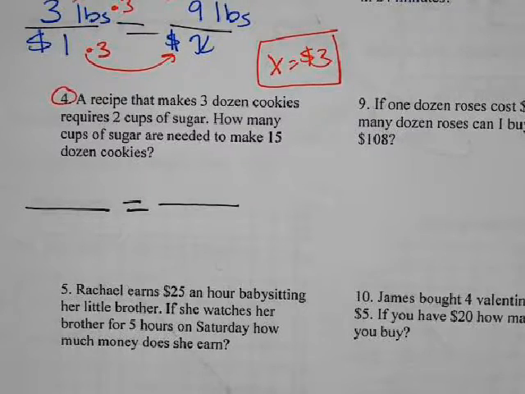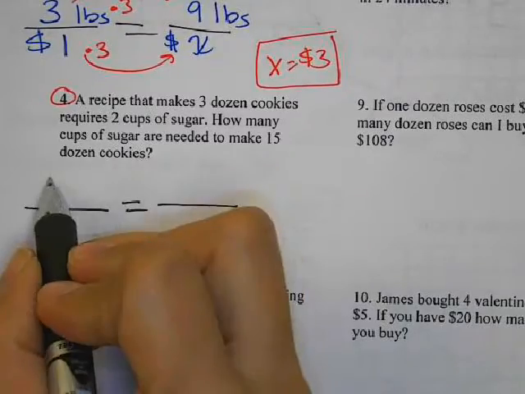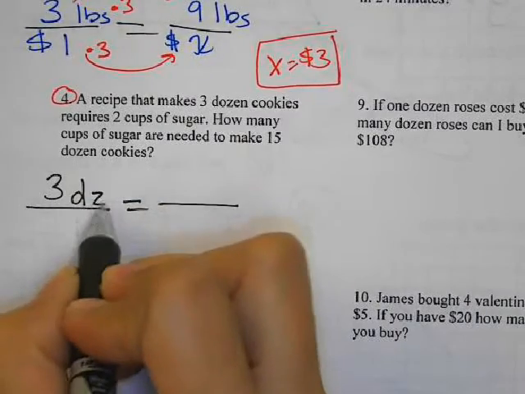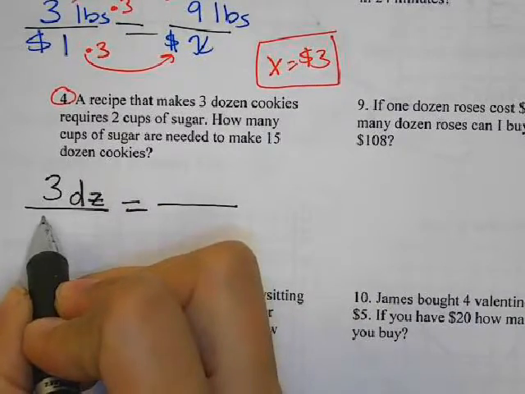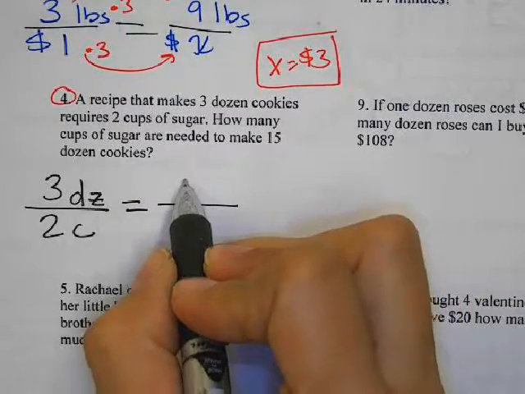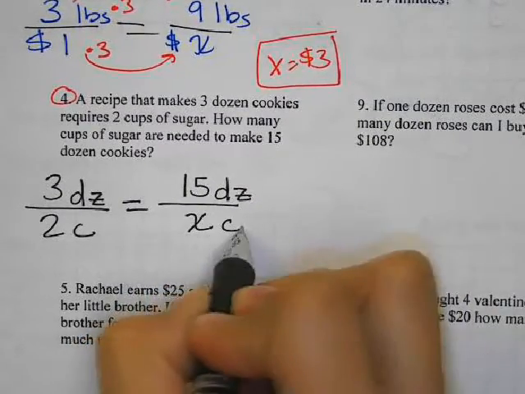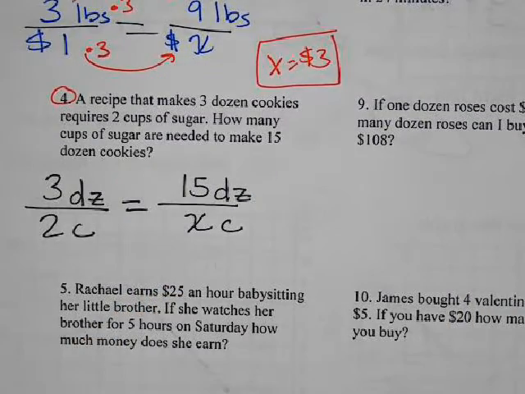All right, who would like to volunteer their proportion for me? What do I write in the first one? 3 dozen. Equals. Good. So you have to make sure you write it this way.